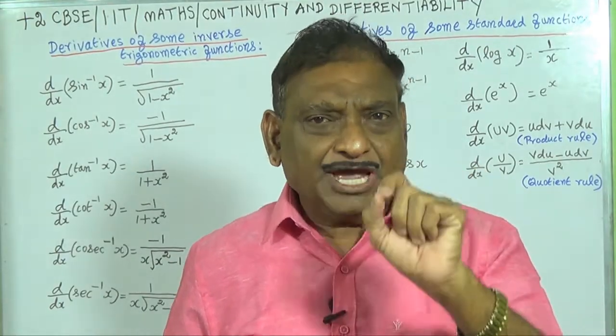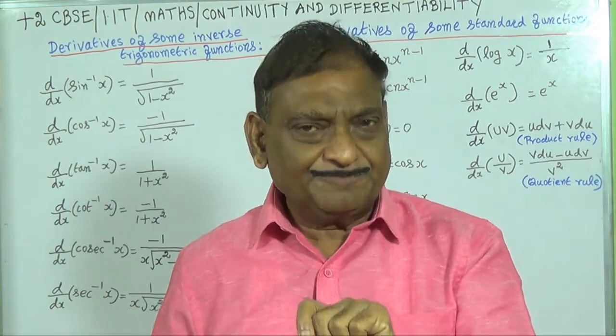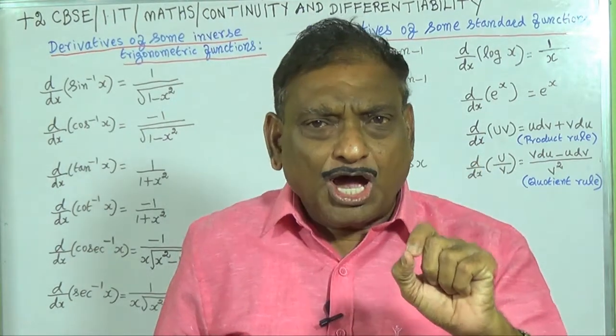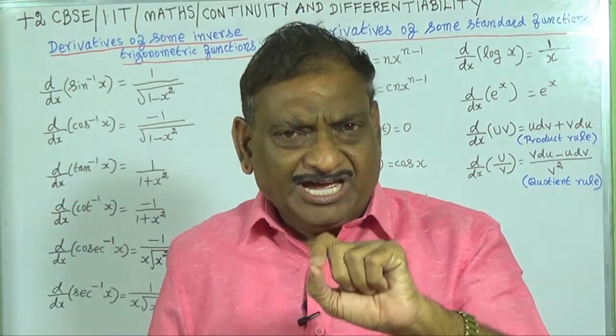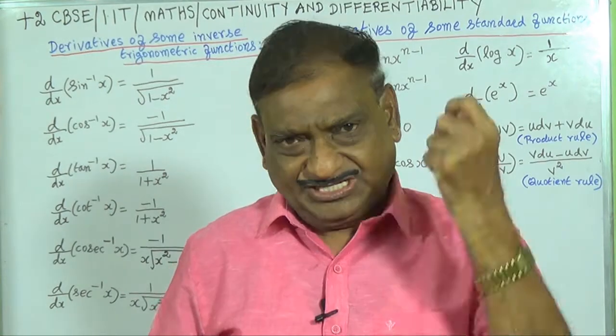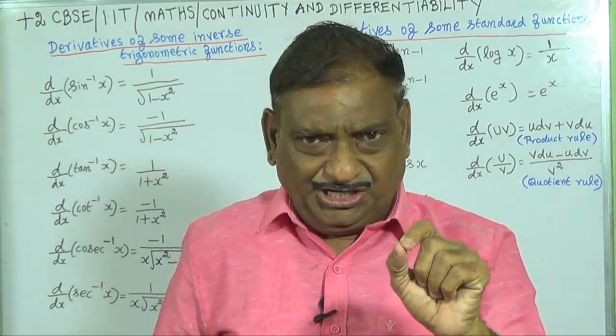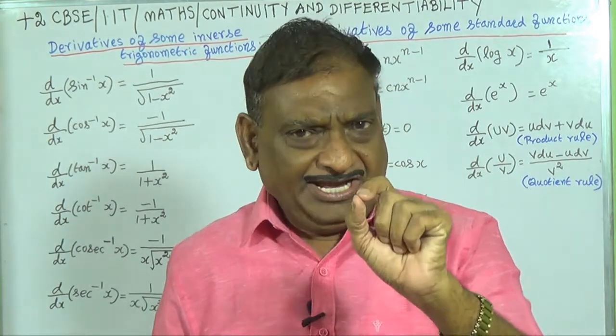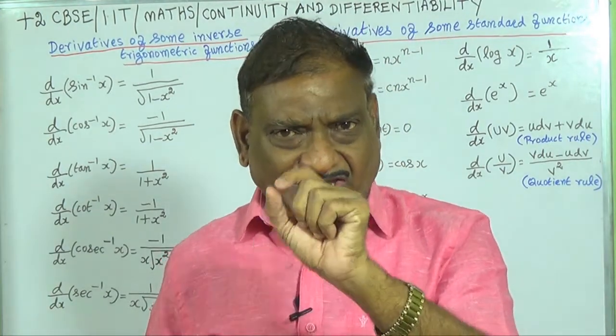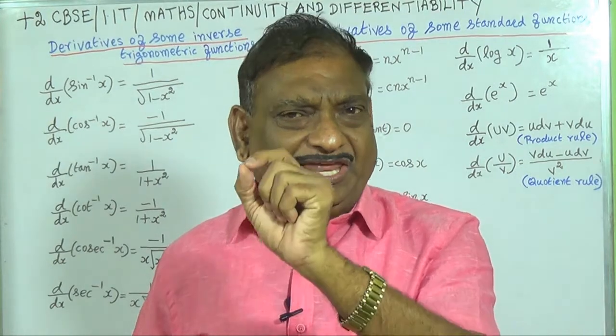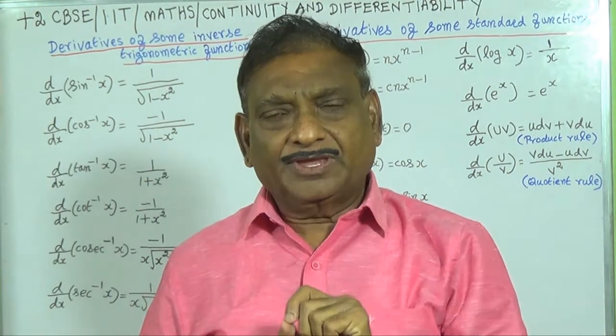Derivatives of some standard functions and the derivatives of some inverse trigonometric functions. We know that on differentiating x to the power n, we will get n x to the power n minus 1.